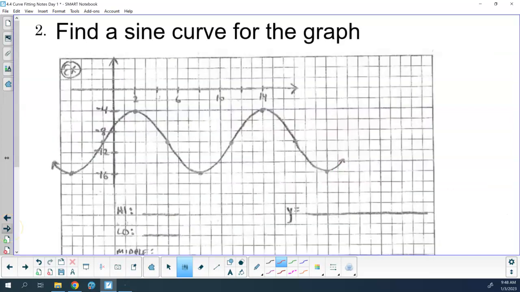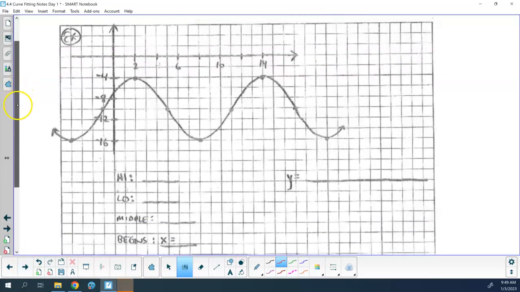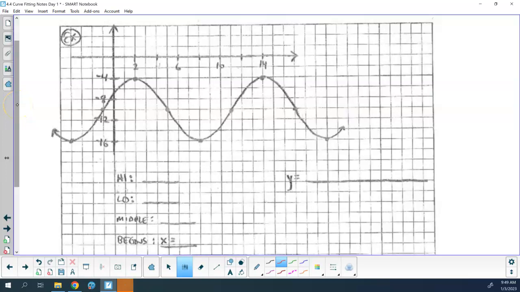So find me a sine equation for this one. Let's get the easy ones out of the way. What's my high value? -4. What's my low value? -16. If my high value is -4 and my low is -16, what's my middle? -10, right? Okay. And this is my D value.